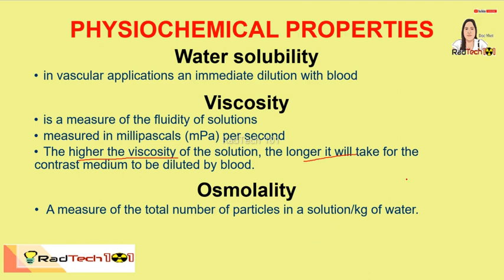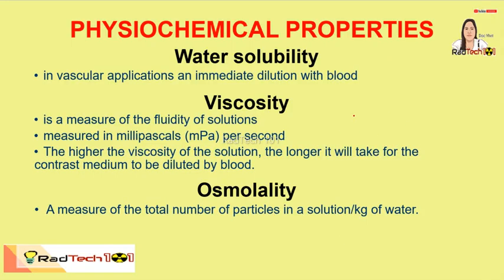So we have what we call the LOCA and the HOCA. LOCA is low osmolality contrast agent and HOCA is high osmolality contrast agent. These are under the iodinated contrast agents or contrast media.